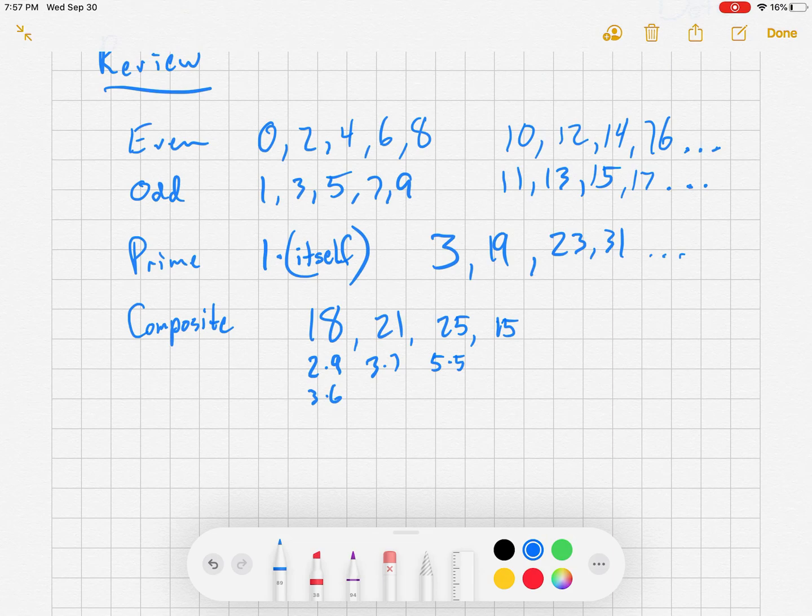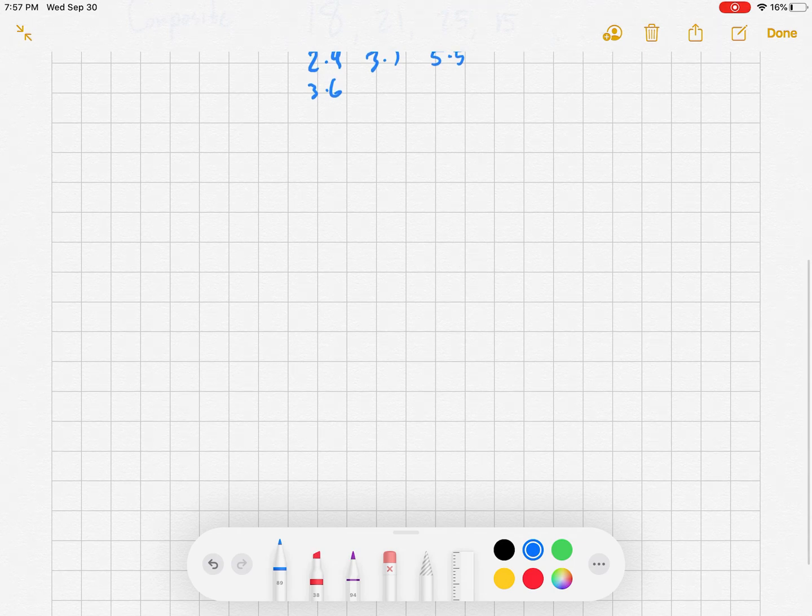And we didn't even write all of them in here, right? 17, 5, 7, 11, all of those are still in there too. And composite also go on forever. Okay, so that was that super quick review, but I think it's really important to understand these items before we get into the other part where we talk about these products, factors, and factor pairs.